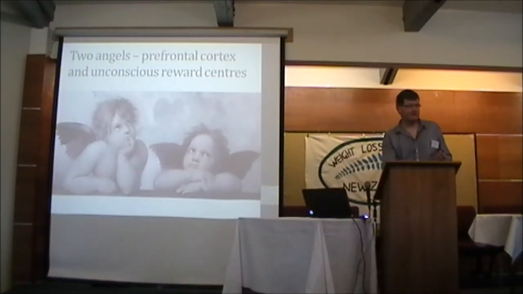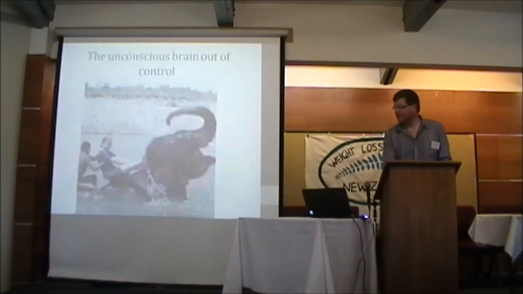And that basically is the part of the brain that says, go on, just go and eat that cream bun, you know you like it. What the hell. And then you've got the other angel on the other shoulder that basically says, no, you shouldn't, because if you do, you gain weight and things like that. And it's a constant tussle between those two things.